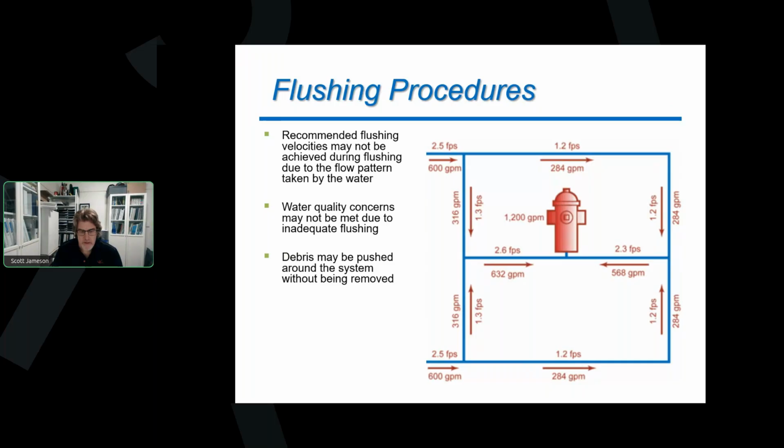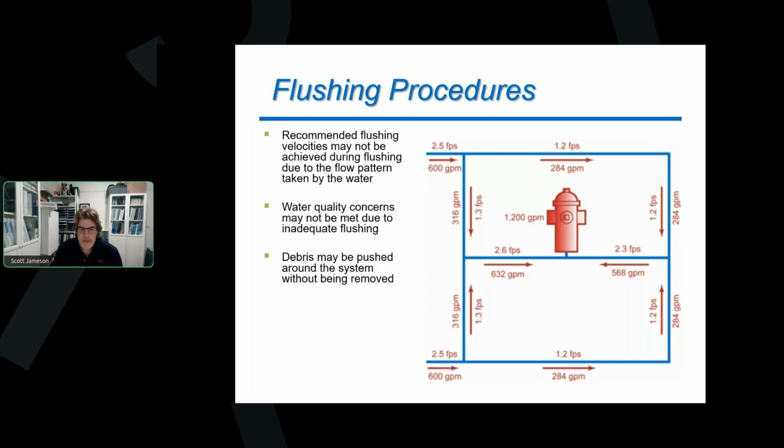And 1,200 gallons per minute, that's a great flushing volume. If we looked at the charts that we're going to show a little bit later, that number would say that yes, you're getting really good velocities in your flush.